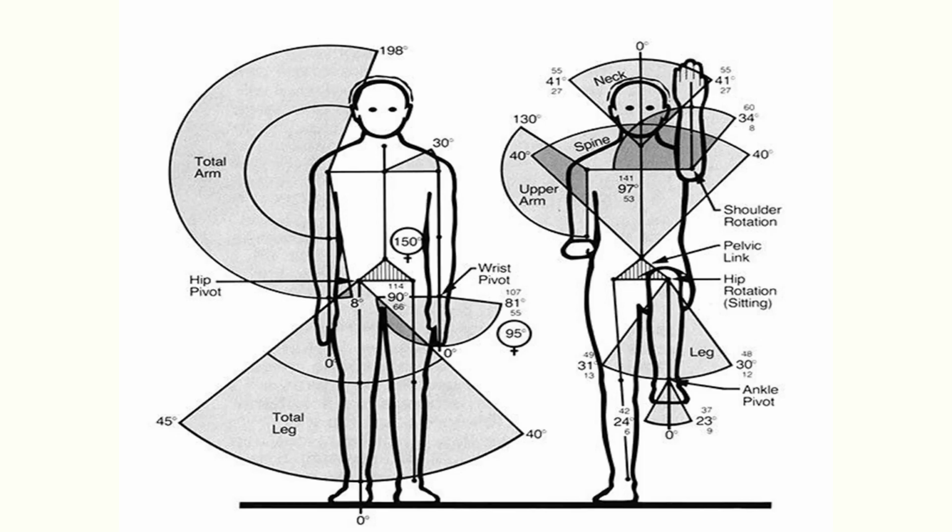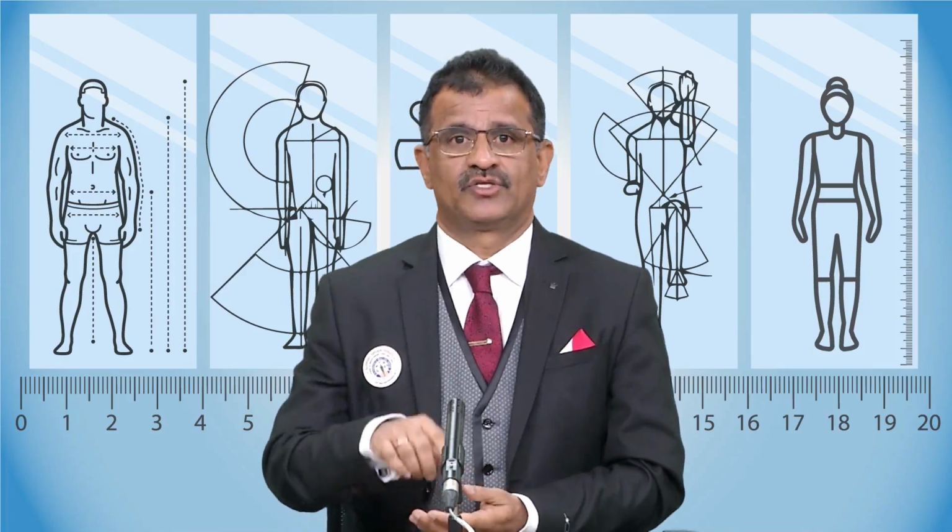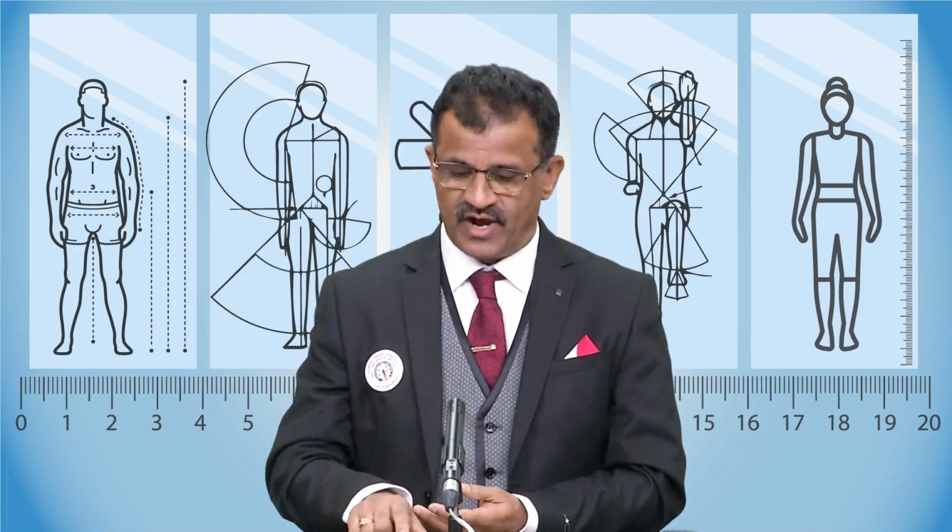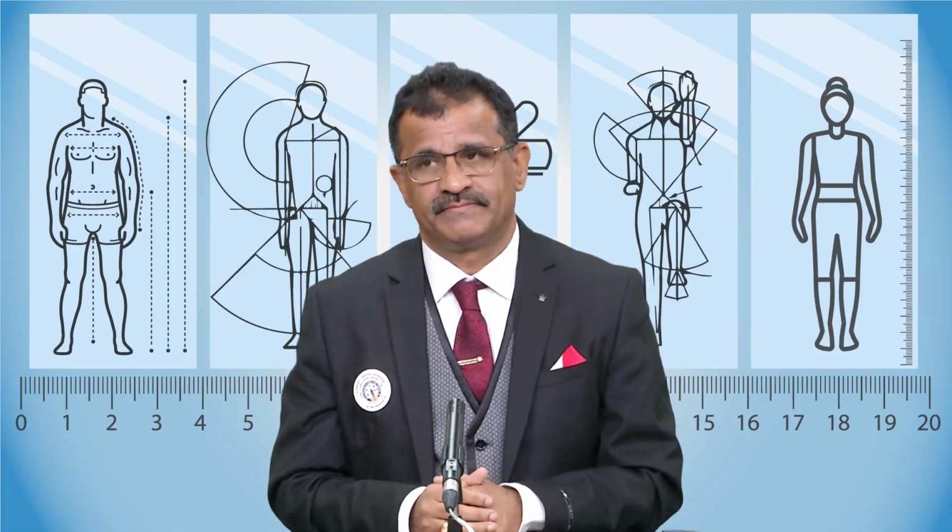You all know that geo means earth and metry means measurements. So measurements of earth for the sake of diameter, length and so on, we study geometry as a separate subject. Similarly, we study anthropometry for the study of measurements of human body. So there are devices and tools required for study of anthropometry.